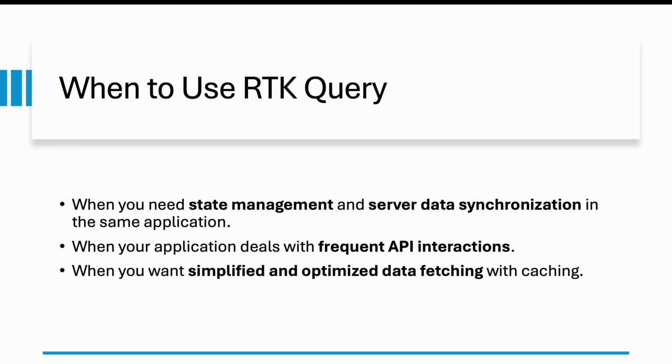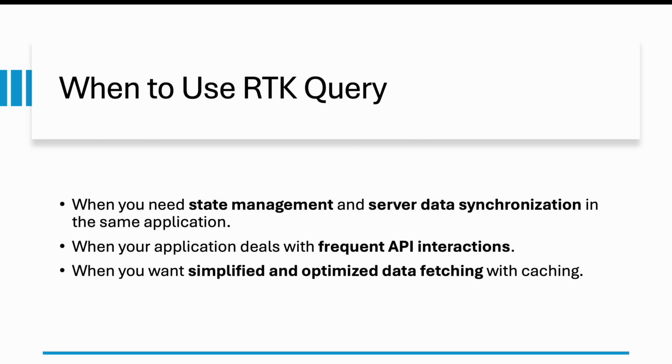All right. So when to use RTK Query? When you need state management and server data synchronization in the same application. So it's the case when you should go for RTK Query. When your application deals with frequent APIs, so whenever you think, okay, my application needs a lot of API interactions, and let's say your APIs are called redundantly in different pages. So let's say you have a very basic generic component, a panel, right?